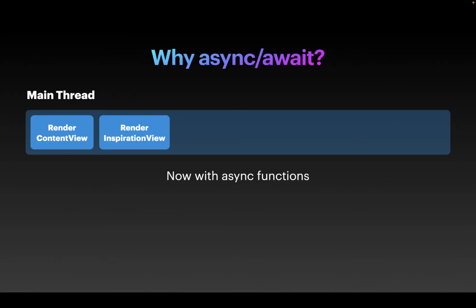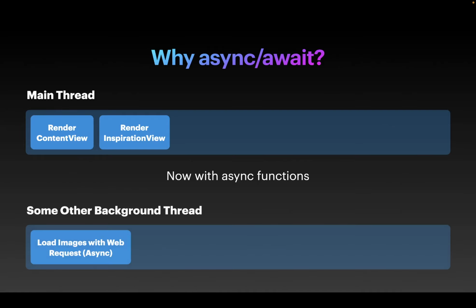So when we have an async function, this time the user opens up the inspiration view, and the inspiration view is going to initiate some web API requests. But this time, we have an async version of loading images.